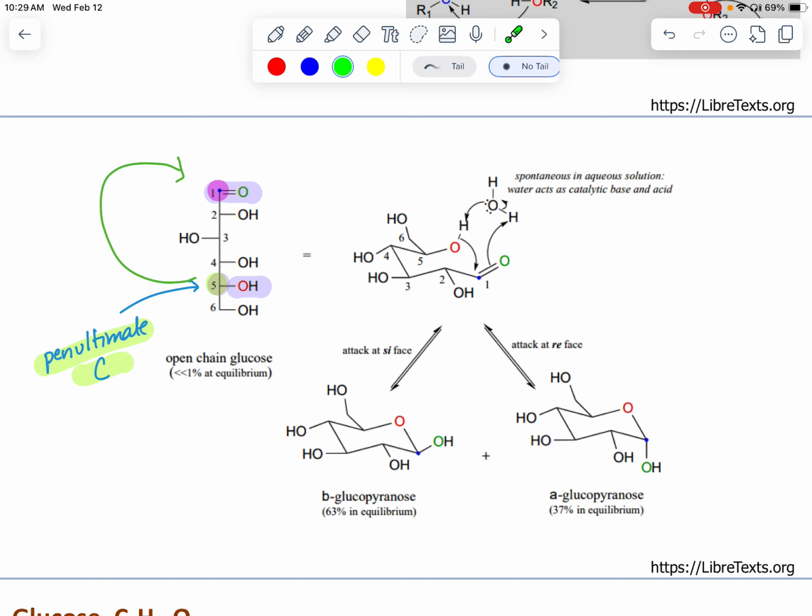The carbon that had the carbonyl, the carbon that was attacked by the penultimate carbon, is our anomeric carbon. And that is another one that we will talk about.